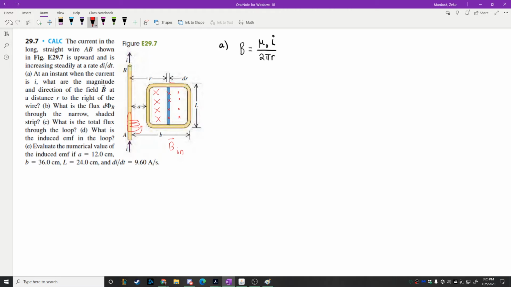Part B says to find the value of the flux, and we're going to use a dΦ here. The flux is through just this strip right here.